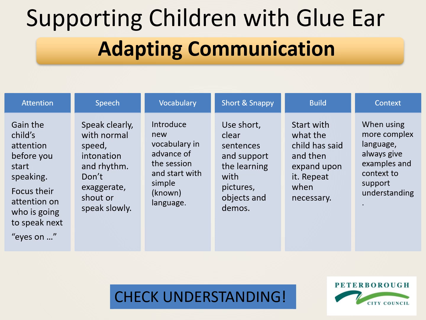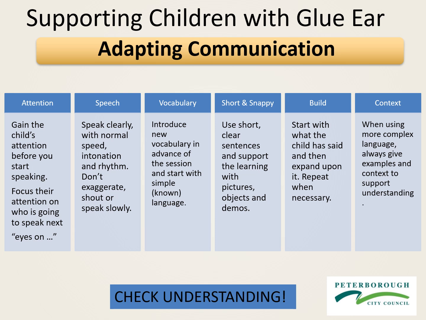We should start with simple known language and then build upon this when introducing new vocabulary. Instructions should be given in short, clear form, and we want to support the learning with pictures, objects and demonstrations. Modelling what we want the children to give us is a really powerful way of teaching them and helping them to get over any gaps in language that there may be.